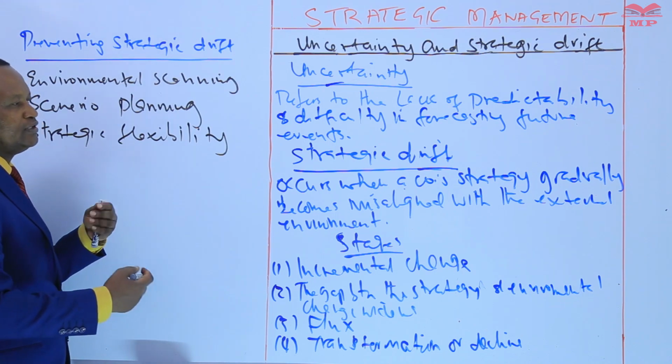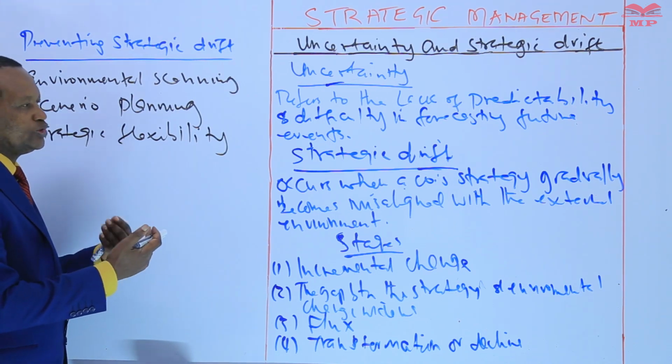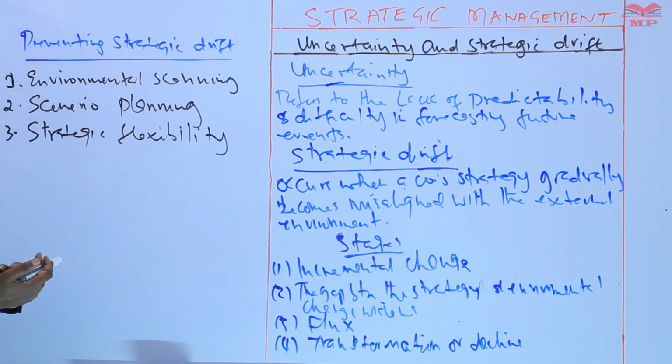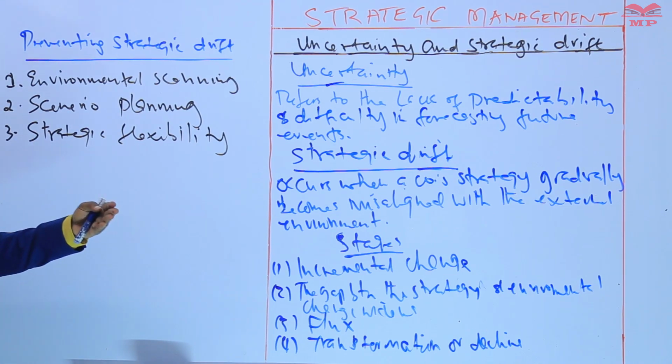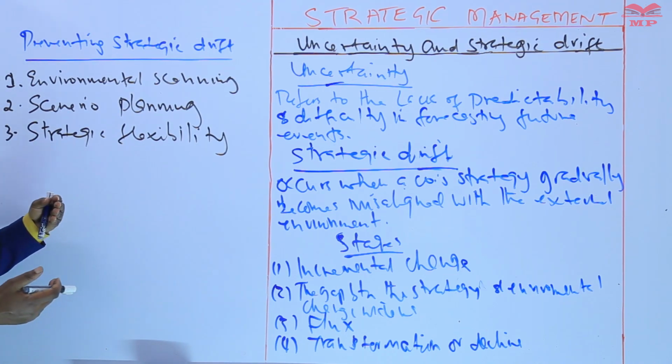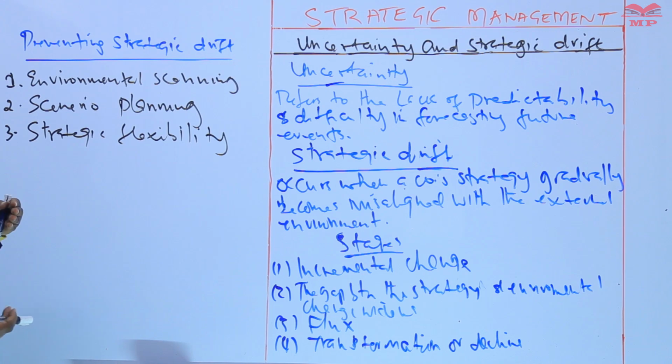Make your strategy one that is easy to change. It has to be embedded with flexibility, such that if there are changes in the environment, then it becomes easy to adapt. Flexibility and adaptability.